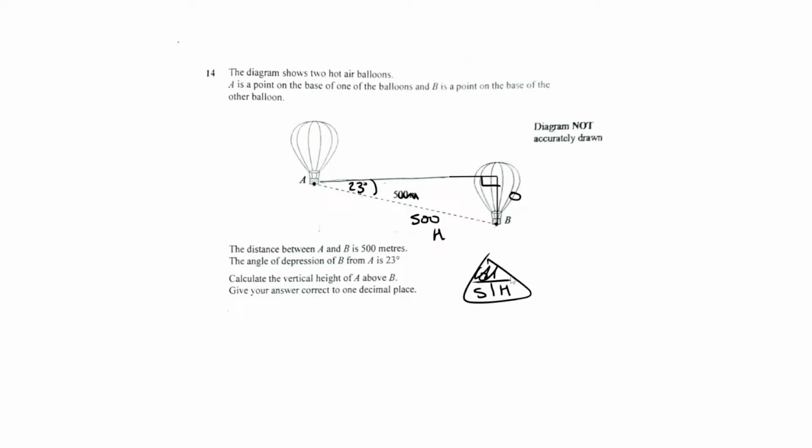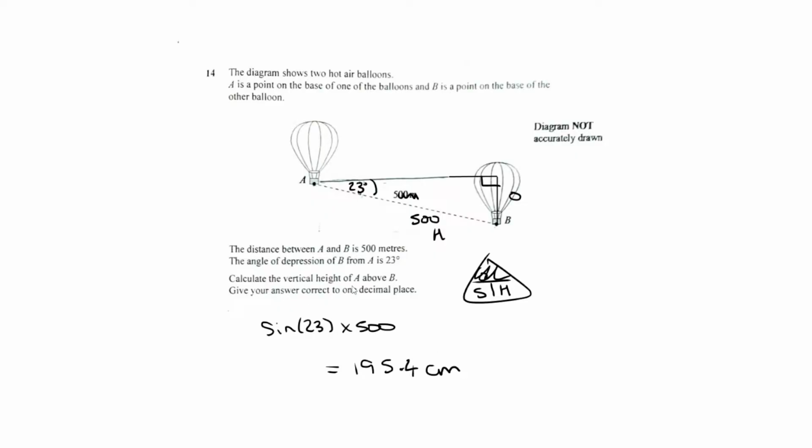SOHCAHTOA, we want to know the opposite. So sine of 23, that's not 23, that's 32. Get the numbers right around. Times 500, which I type into my calculator. I get 195 point, I don't know what, oh, they want it to one decimal place, 0.4.